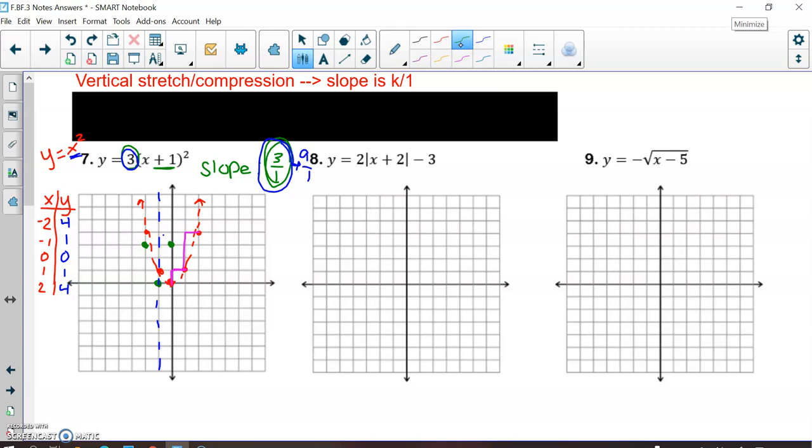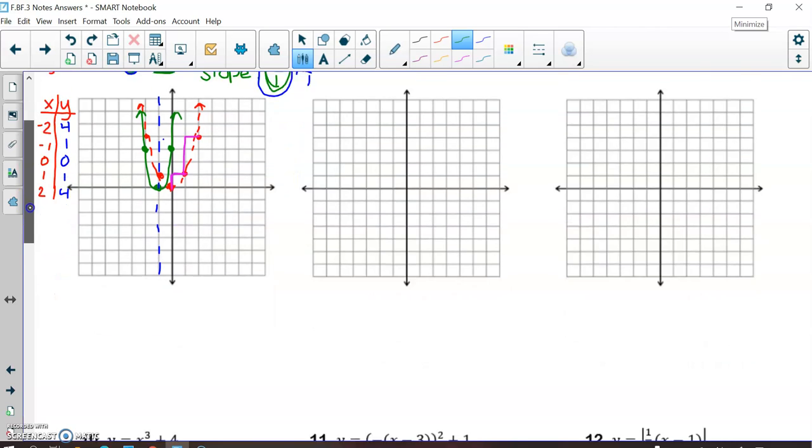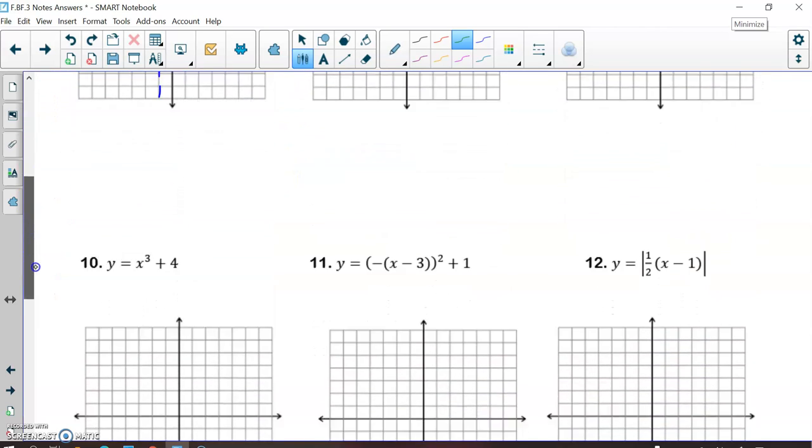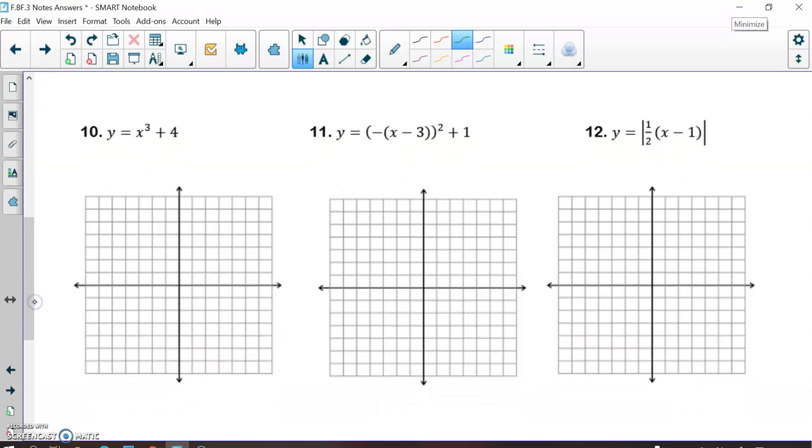And I can't fit that on my graph, so I'm just going to leave my green graph looking like this. This is what my new transformation looks like. All right, so that's parabolas, and if we look at number 11, that's also a parabola, so let's just get that one out of the way.